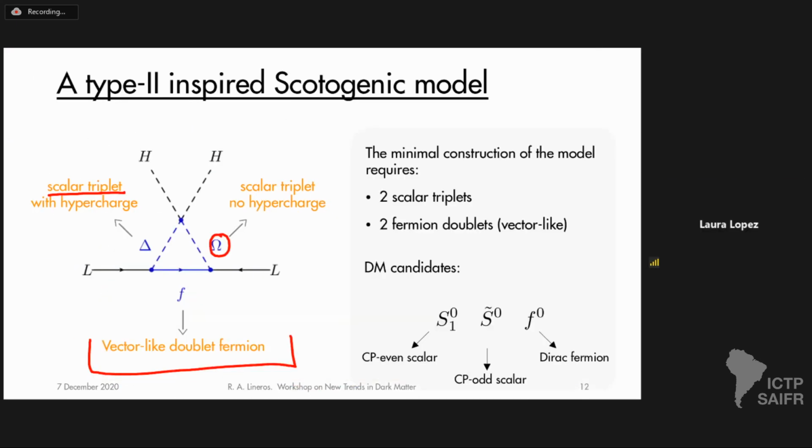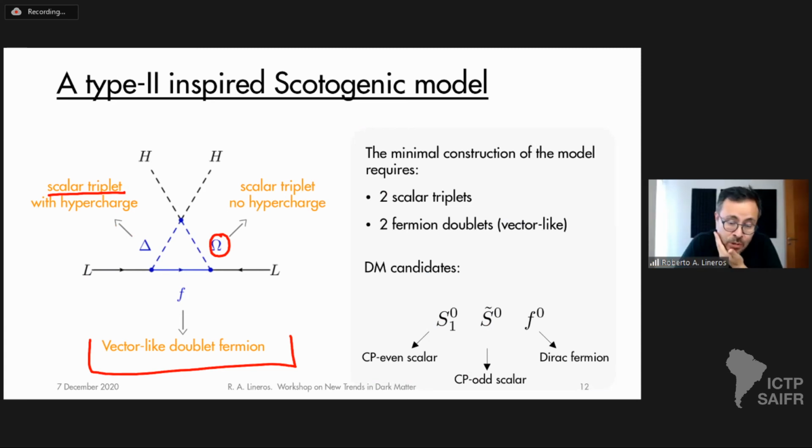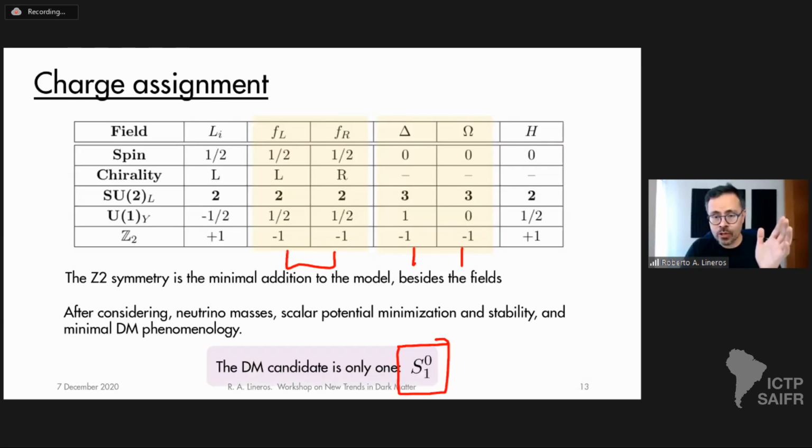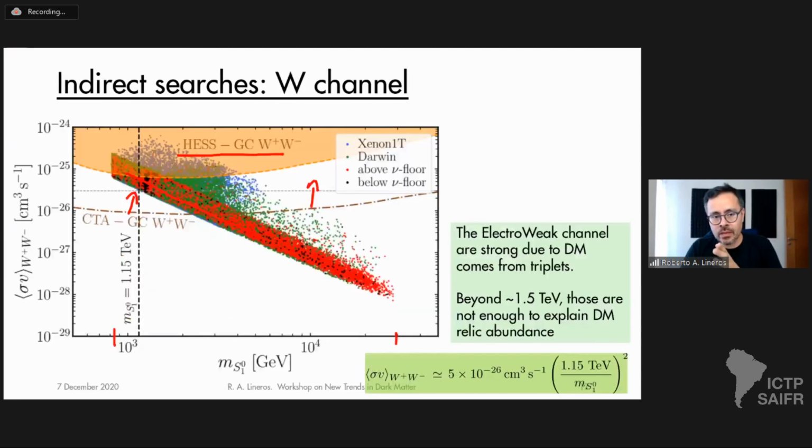Yeah. Basically, in the beginning when we were working on the model, we didn't think that we were going to have a TeV dark matter. We just focused on constructing this type 2 scotogenic model and analyzing the case. But the relic abundance constraints push us to be in the TeV region, especially because of the large annihilation into Ws.